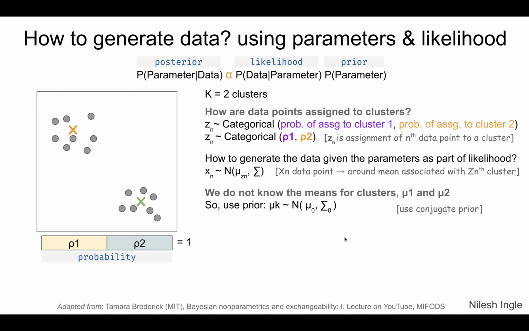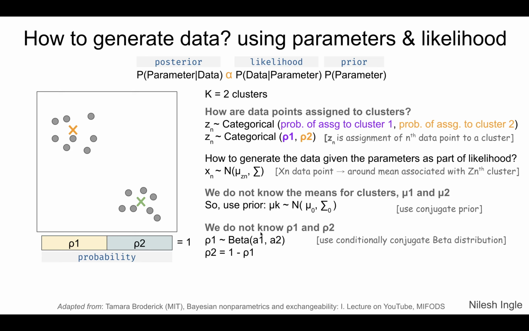So to start with, what we can do is sample them as a prior from a normal distribution. So as shown here, we can use a normal distribution with mean of mu0 and covariance as sigma 0 to sample the prior mean and covariance for each of the clusters that would be represented by mu k. So here we would have the two, mu1 and mu2.